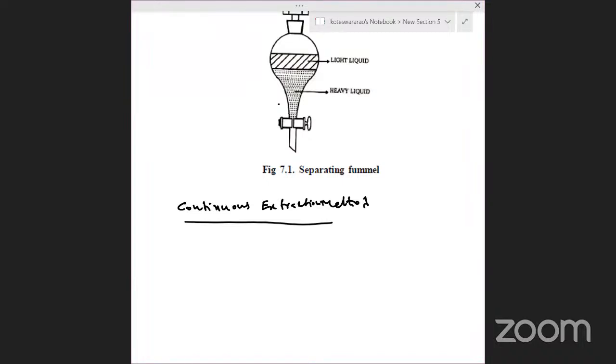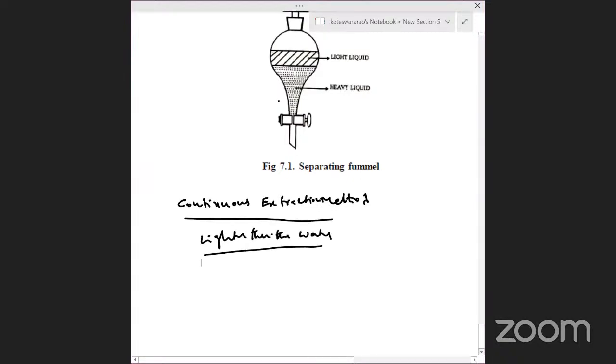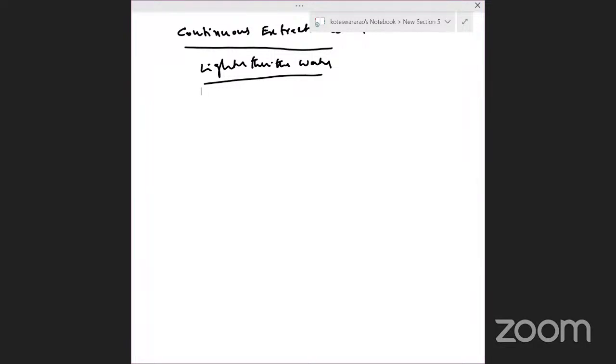If the extracting solvent is lighter than water, in such case we are going to use one of the operator setups. This is the setup we are going to use here.